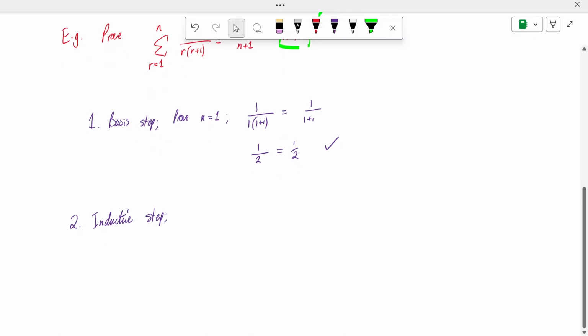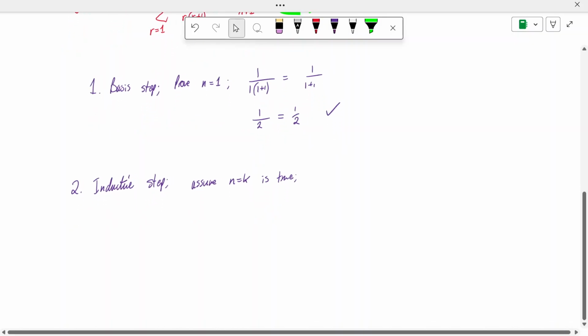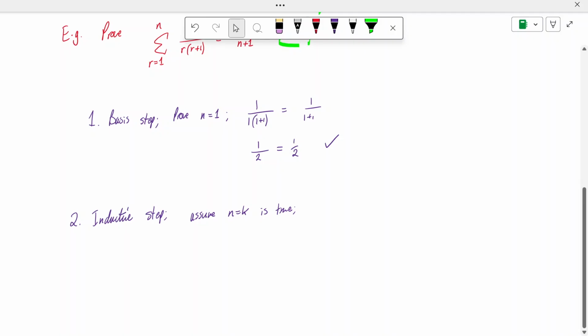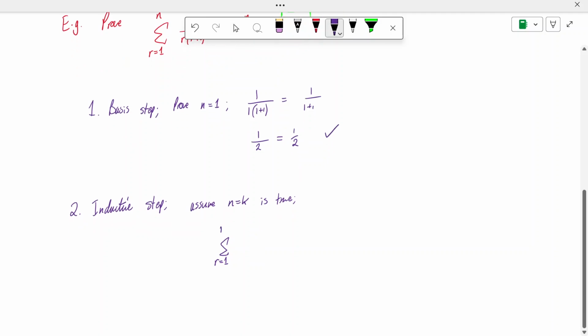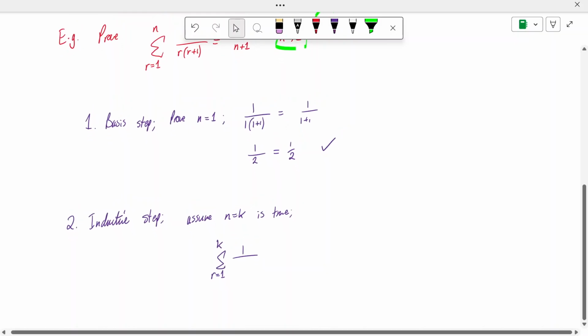The first thing I'm going to do is assume that n equals k is true. That means I'm assuming that the sum, still from r equals 1, but this time anywhere that I see n in my sum, I'm going to write k. You'll notice that the r's still remain on my left hand side.